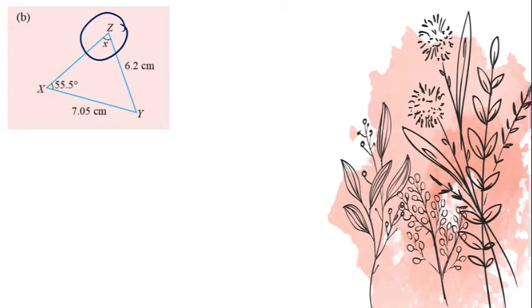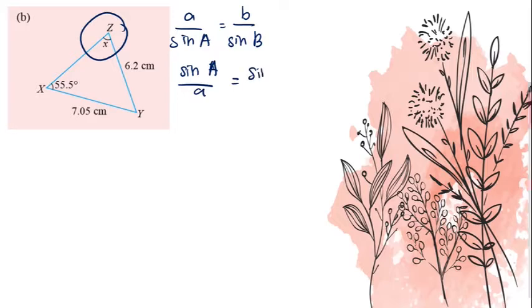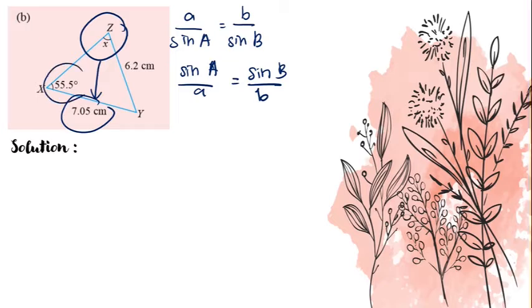Before this, I used the formula A over sine A is equal to B over sine B. Now, since I want to find the size of an angle, I will use the formula sine A over A is equal to sine B over B. The side opposite x is 7.05, while the side opposite the angle of 55.5 degrees is 6.2.